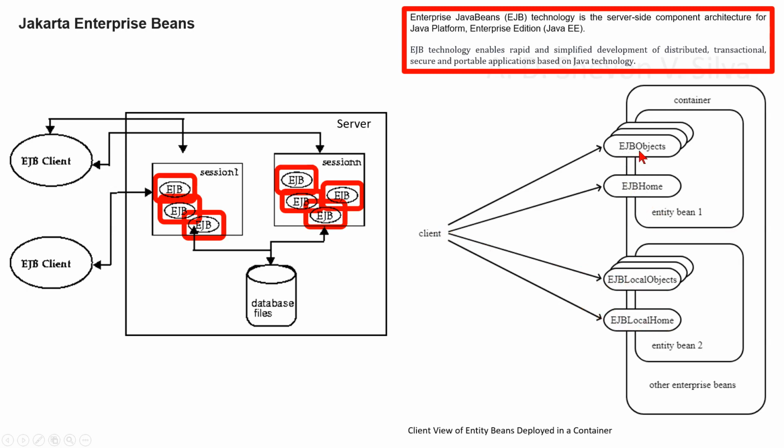Here EJB objects and EJB home interact with the container and entity bean 1. Here EJB local objects and EJB local home interact with the container and entity bean 2. Here entity bean 1, entity bean 2, and other enterprise beans are inside the container.